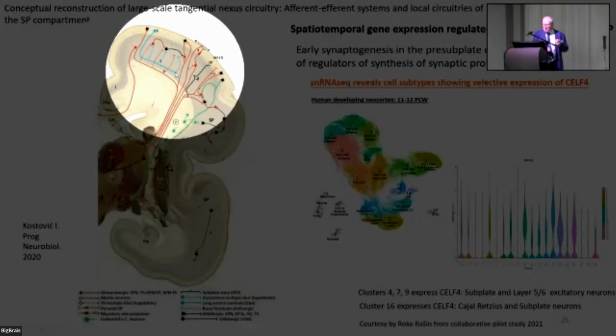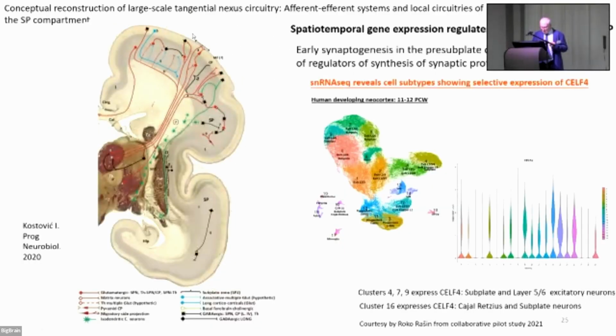You see this blue shows multiple inputs, now arrows. So that's crucial. The one axon coming from deep nuclei within the subplate makes inputs to several places and actually integrates large areas of cortex. So this is a special thing in development.